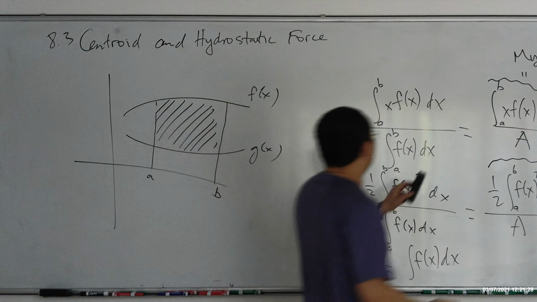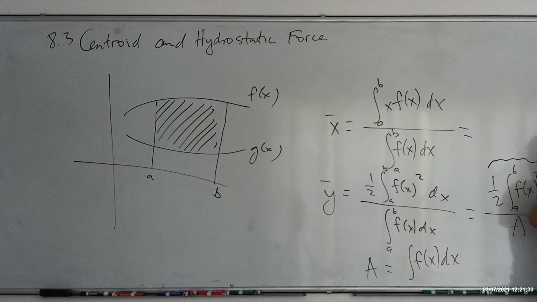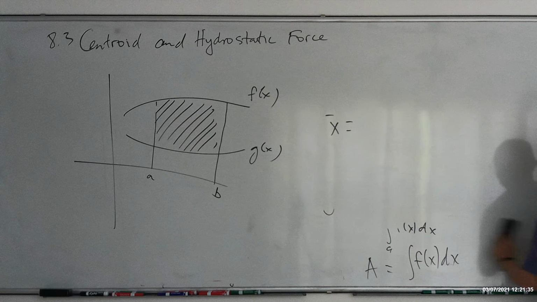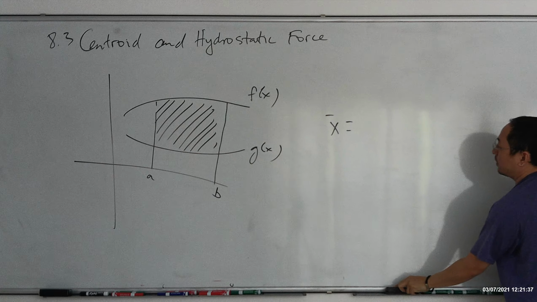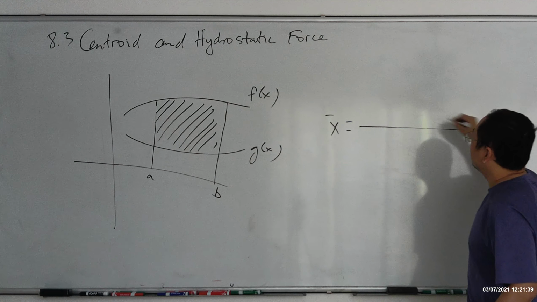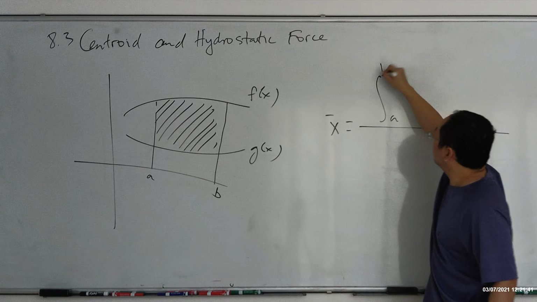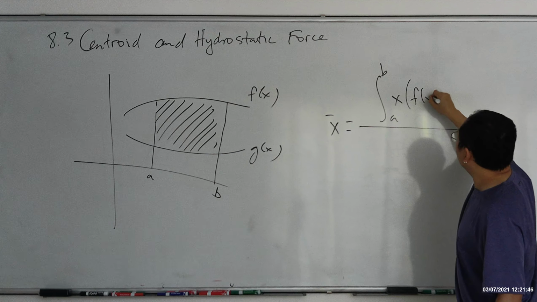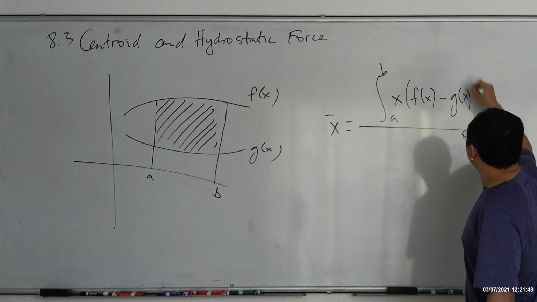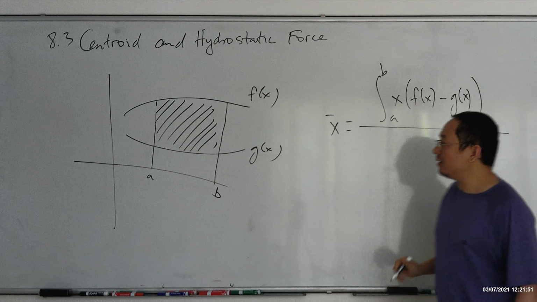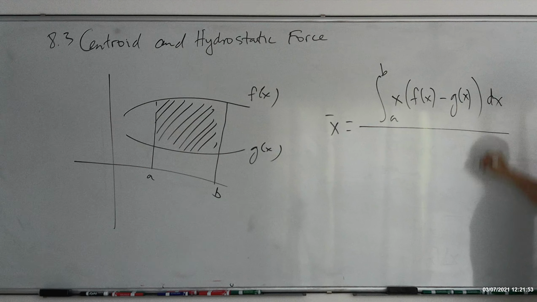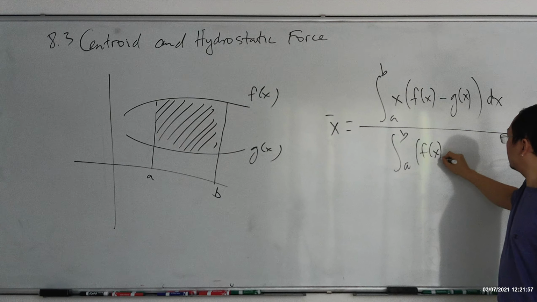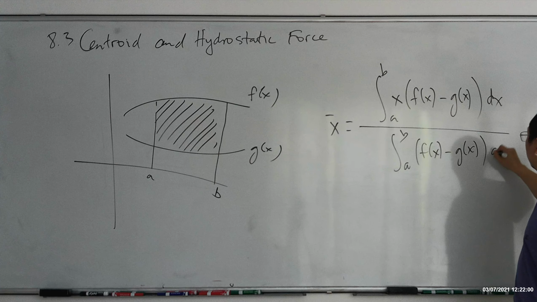Well, the formula is pretty similar. x bar is calculated as the integral from a to b of x times f of x minus g of x, the top one subtract the bottom one, dx. Of course, the bottom is the integral from a to b of f of x minus g of x dx.